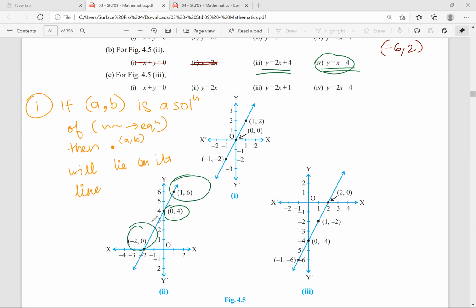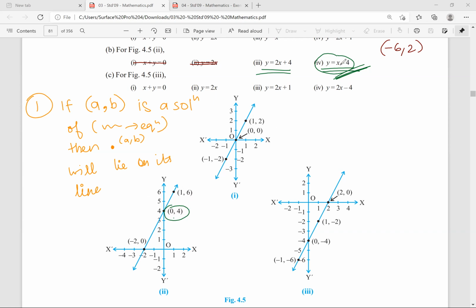You have to take at least 2. So what I'm saying is, if 0, 4 satisfies this equation, that means this point will lie on the line of that equation, on the graph of that equation, right?